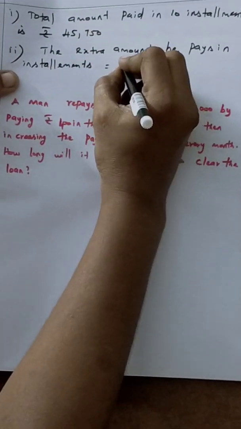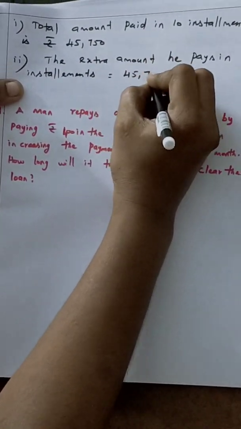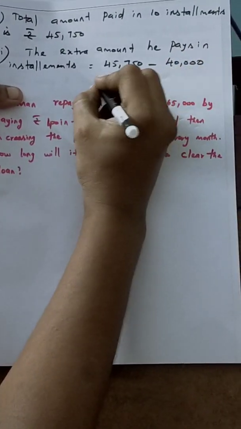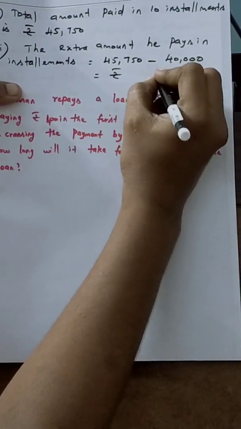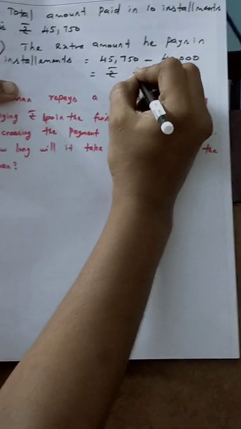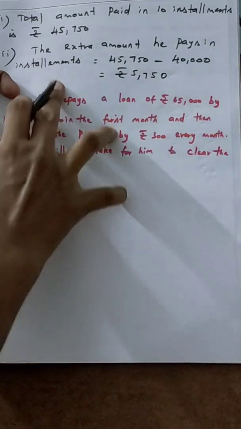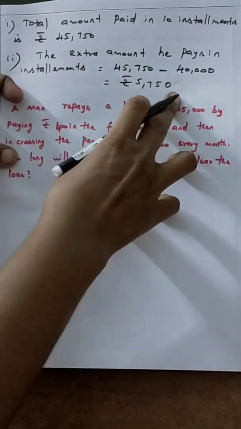What is the amount given? So 45,750 minus the amount already paid, which is 40,000. Subtract the terms, minus 40,000. So what is the answer? Rupees 5,750. So the answer: the extra amount he pays in the installments is equal to rupees 5,750.